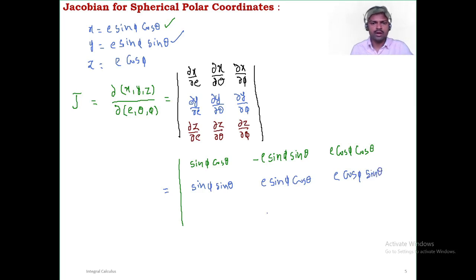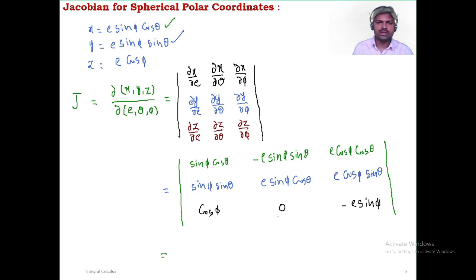And the last one, about z. Dou z by dou rho is cos pi. Next, dou z by dou theta. There is no theta, therefore this is 0. Next one, dou z by dou pi, so minus rho sin pi. That's it. So find out this determinant.